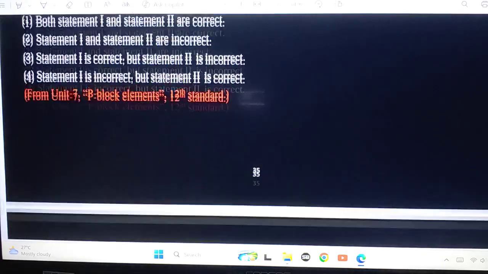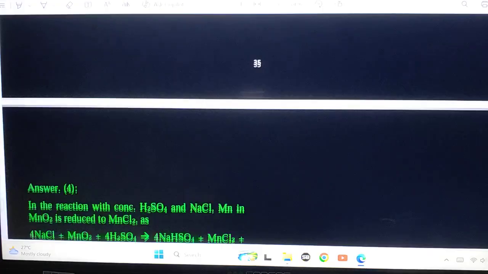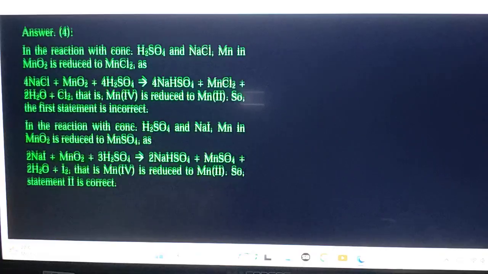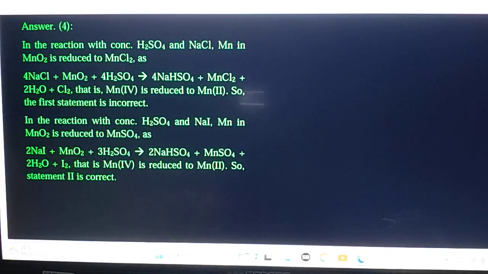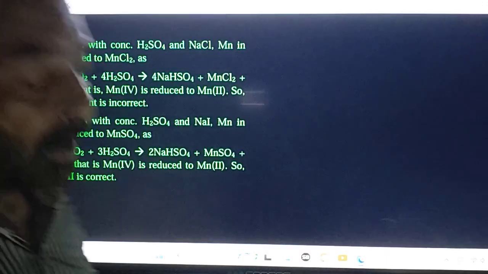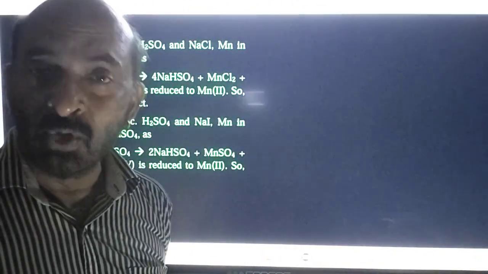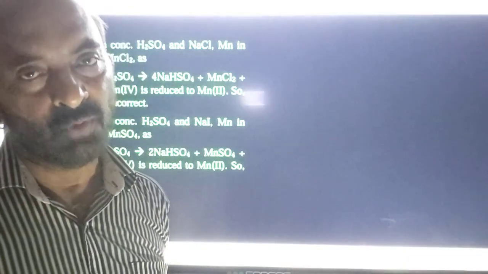For that, we have to be familiar with the chemical equations of them. These reactions are studied in d-block elements. 4 NaCl plus MnO2 plus 4 H2SO4. If you heat sodium chloride and manganese dioxide with sulfuric acid, chlorine gas will be evolved.